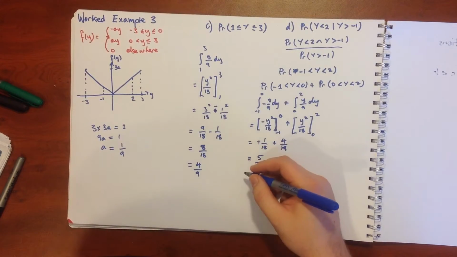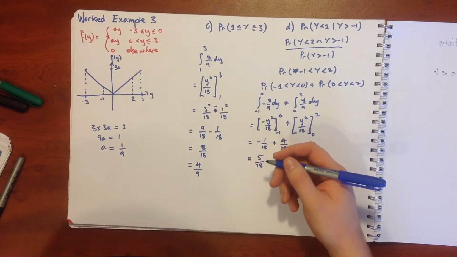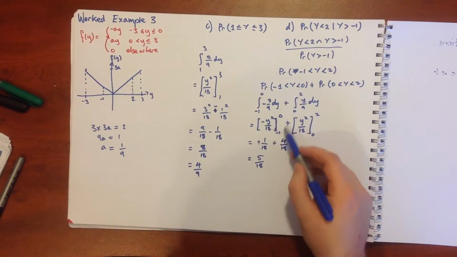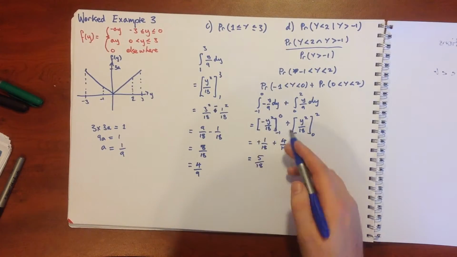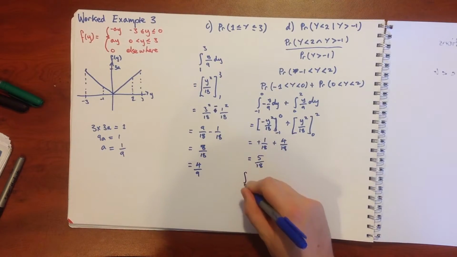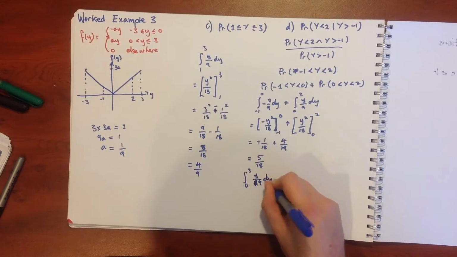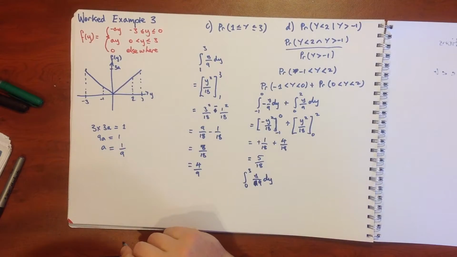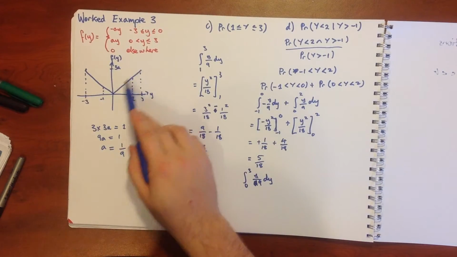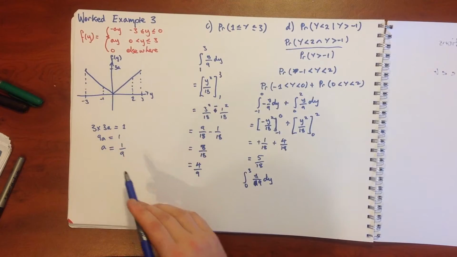So we would need to be integrating two parts again, which would be this part, which we already know the answer to, but we also would need to integrate from 0 to 3 of y on 9 dy. However, we can make it a bit easier for ourselves because we know this area on this side here is equal to half.